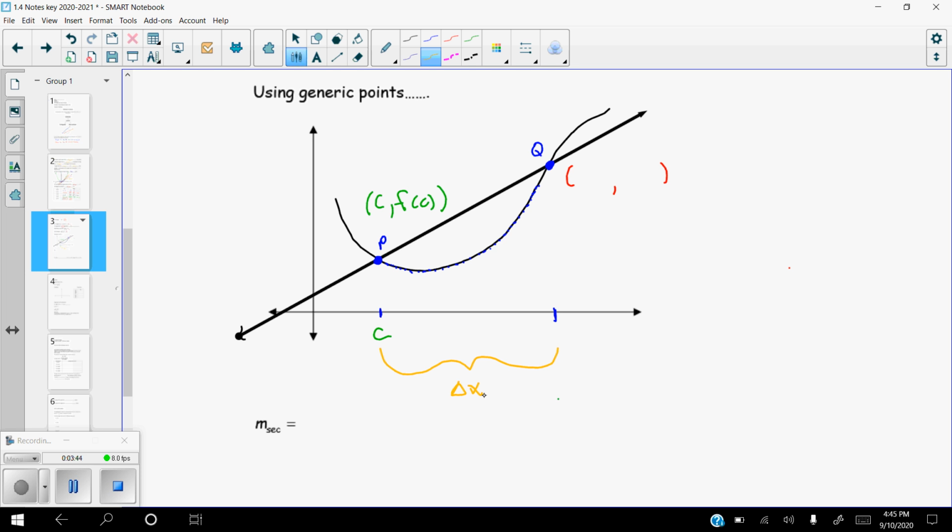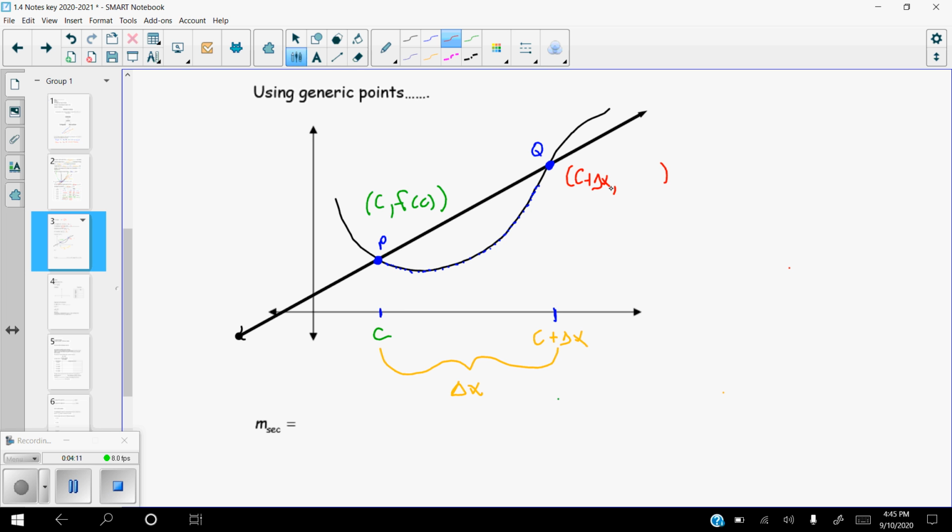That means the change of X. Very common mathematical and physics notation. So that means that this point over here is going to be C plus our change of X. That's the X value right there. So that's my X value in my ordered pair, C plus a change of X. Then that just makes the Y value, just like before, the function evaluated at that.